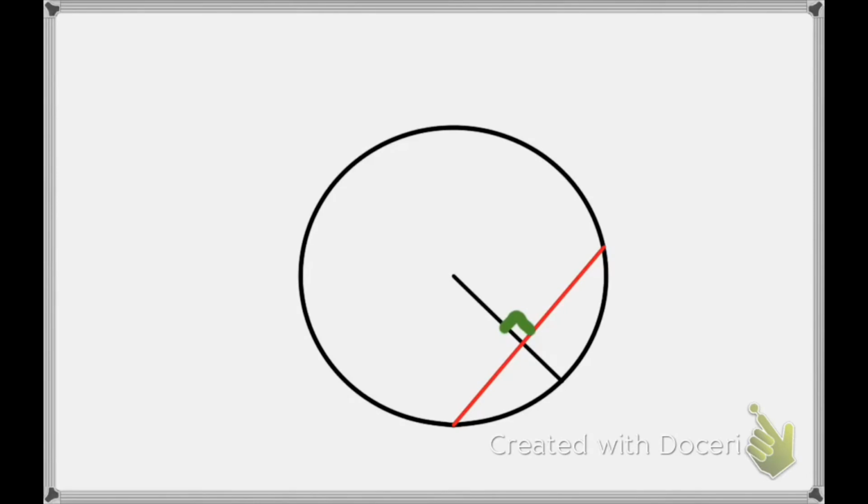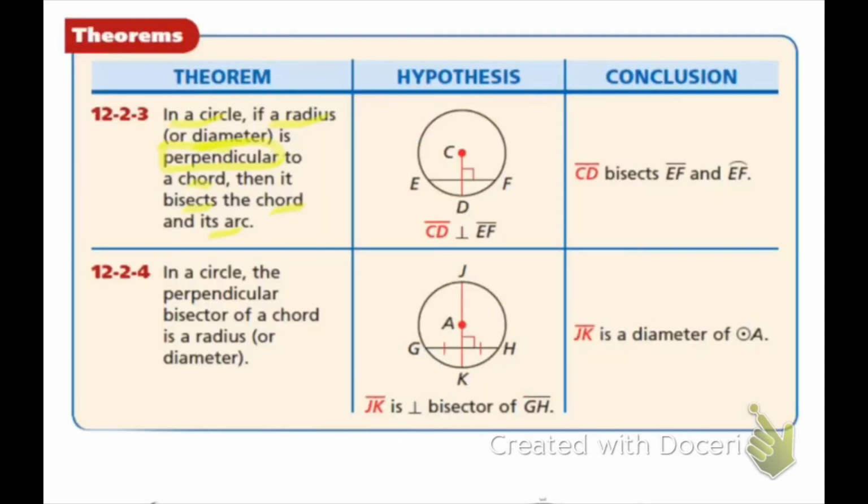If it is perpendicular to that chord, then it bisects the chord and it bisects the arc. But it has to be perpendicular to it. That's what our first theorem here states. So if it's perpendicular, conclusion, it bisects the chord and the arc.